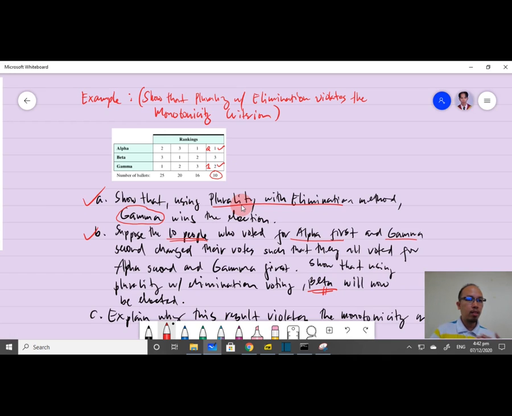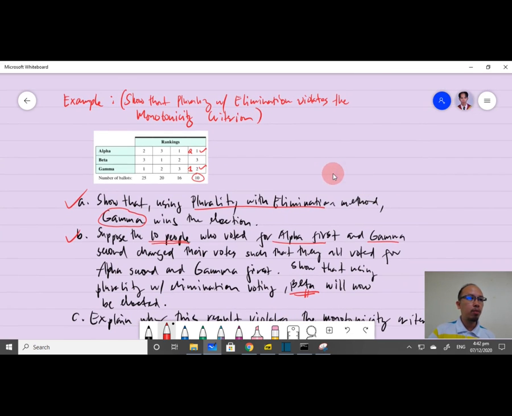So if that happens, then the monotonicity criterion will be violated. Okay, let's try to solve it. Maybe in this area here, let's have a solution somewhere here.